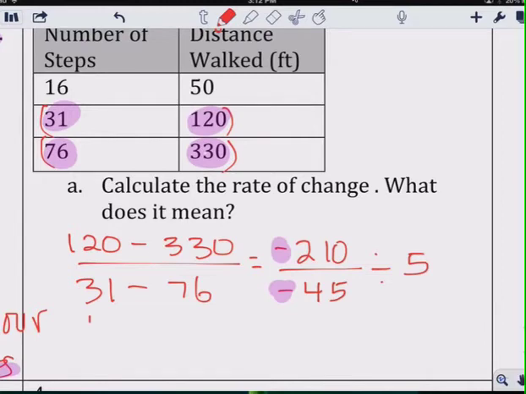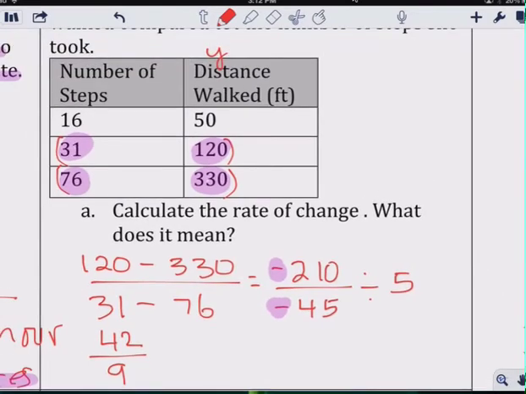42 over 9. So what does that mean? Remember, this is the distance. This is 330 feet, so this is feet. And this is 76 steps, so these are steps.